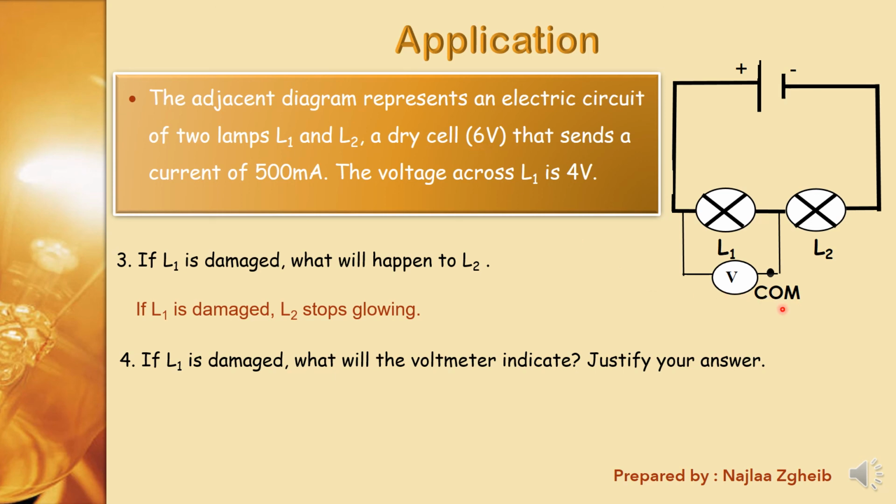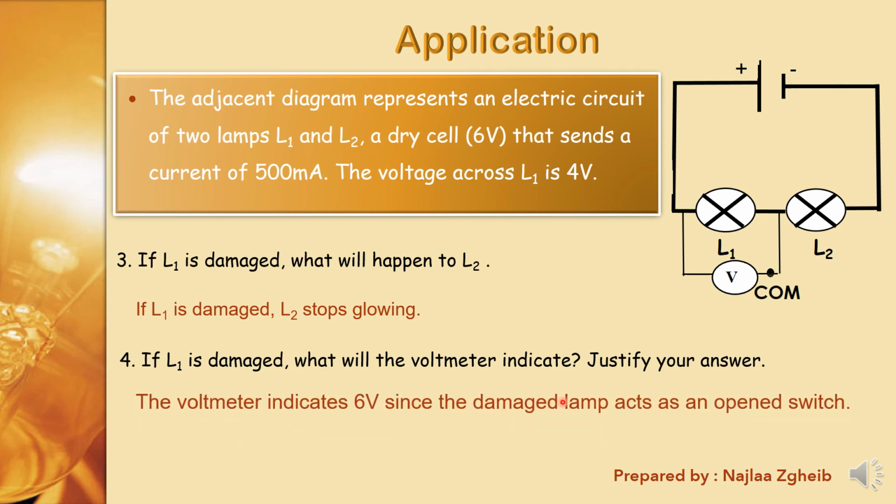And since the common terminal is connected to the negative pole of the dry cell, the value will be positive. So the voltmeter indicates 6 volts, since the damaged lamp acts as an open switch.